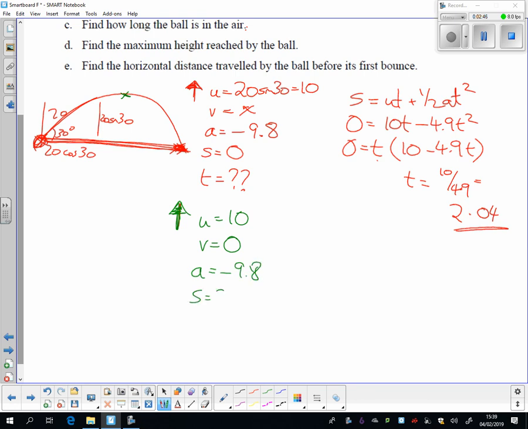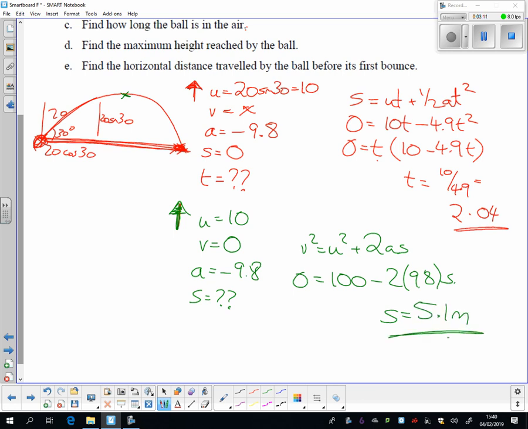And it's s this time that we're trying to find out. And so this time I'm going to use v squared equals u squared plus 2as. I've got 0 equals 100 minus 2 lots of 9.8s. So s is 100 divided by 2 lots of 9.8, and that's 19.6. So that one there's 5.1 meters.